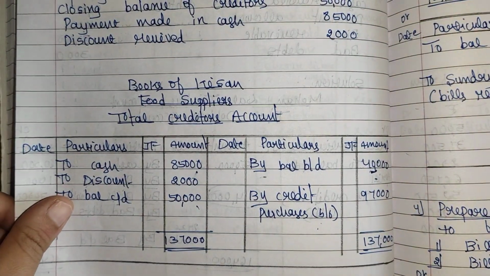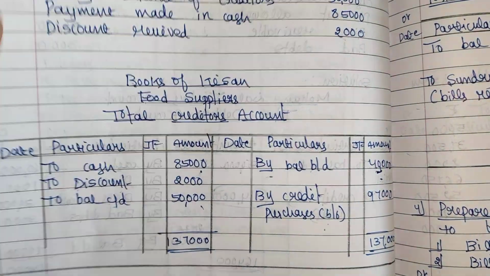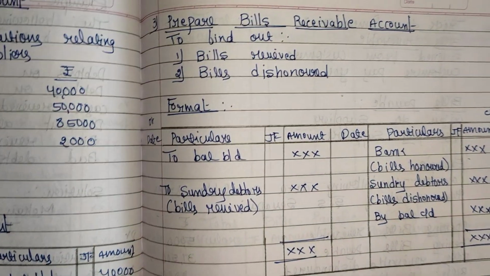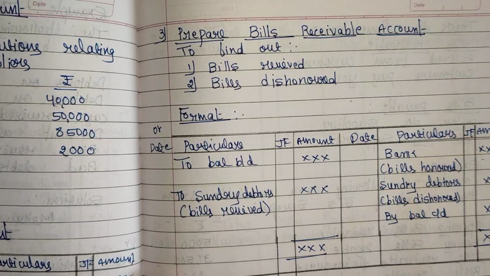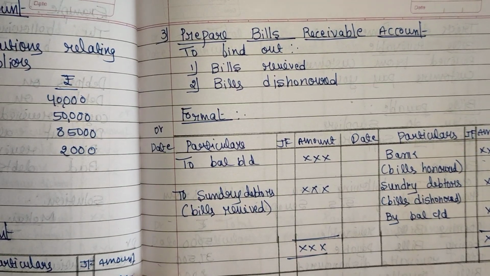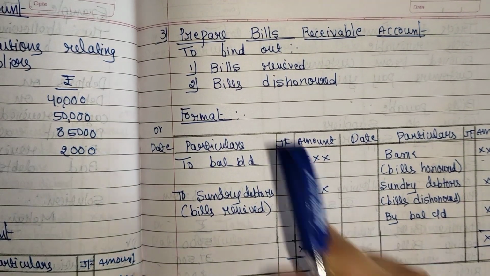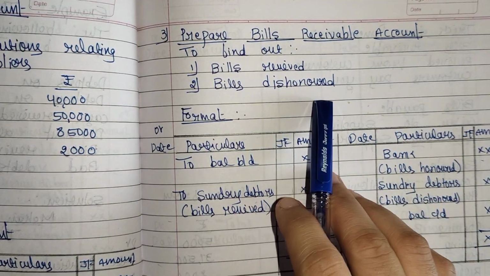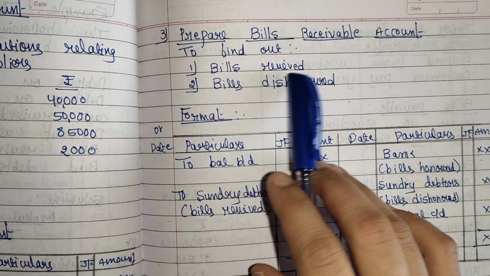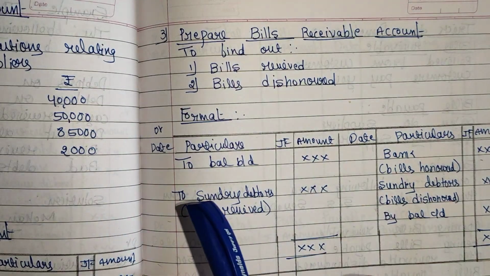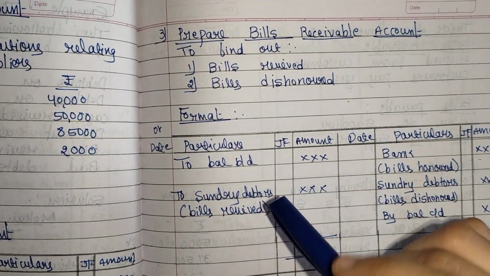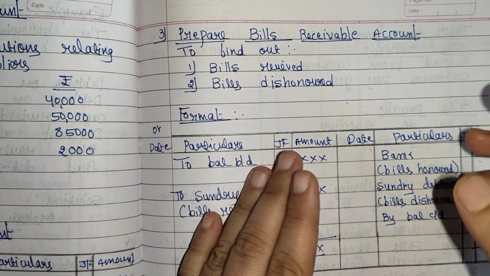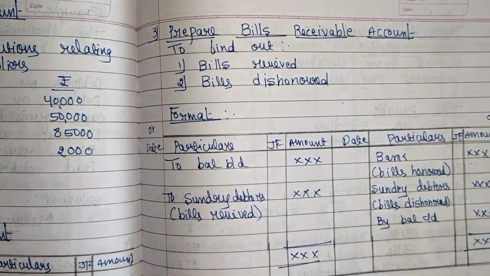First one, prepare the bills receivable account. If we prepare the bills receivable account, we will find out bills received and bills dishonored. Bills received means bills receivable that are accepted by customers.